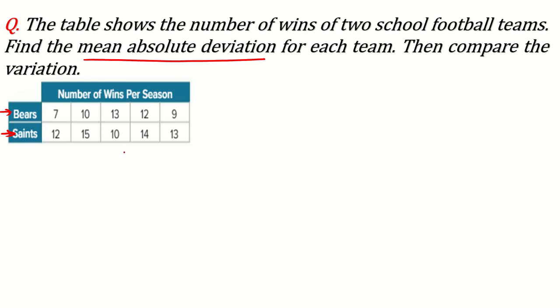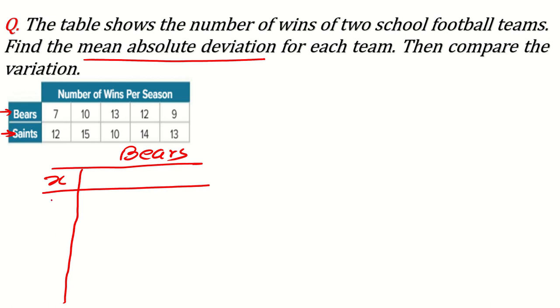So I am writing like this. This is team 1, the Bears. For the Bears, X means the observations, the numbers given in the question: 7, 10, 13, 12 and 9. If you add them, 10 plus 7 is 17, 17 plus 3 is 20, 20 plus 10 is 30, 30 plus 10 is 40, 40 plus 2 is 42, and 9 gives 51.